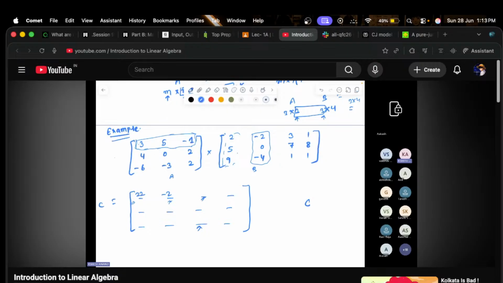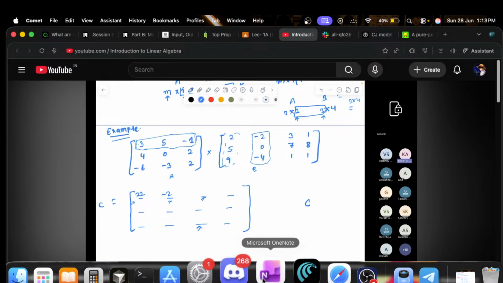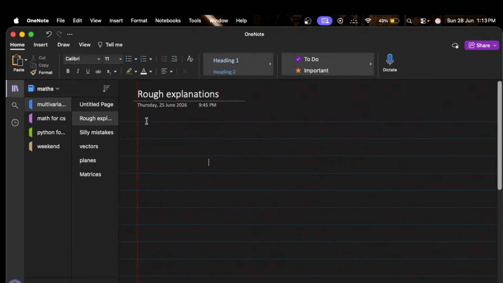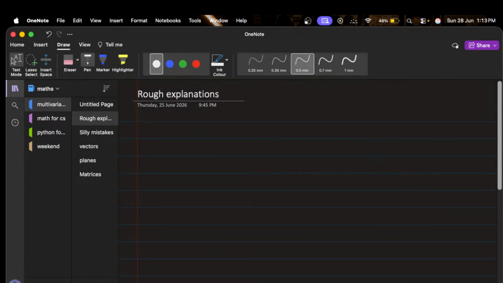Okay, so we have this matrix and we have to find its multiplication. So let's write the original values here. Okay, my bad.